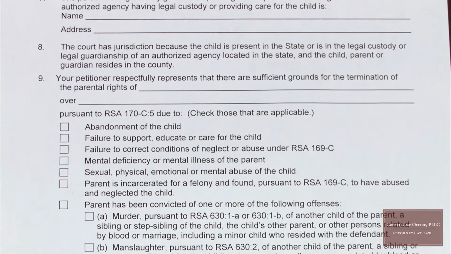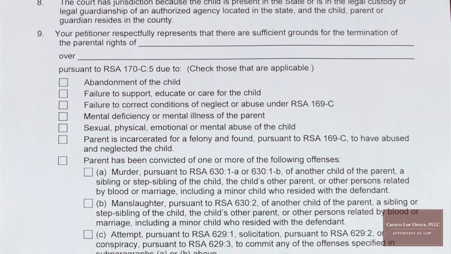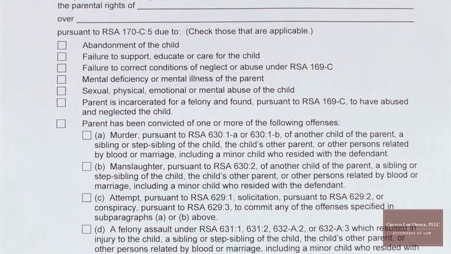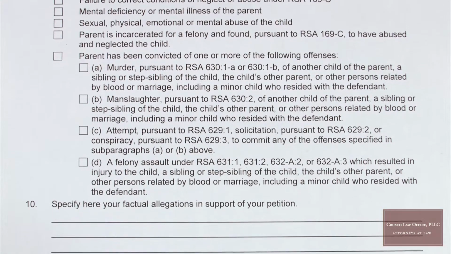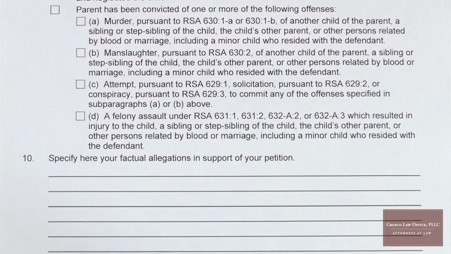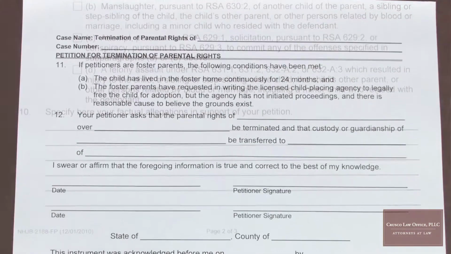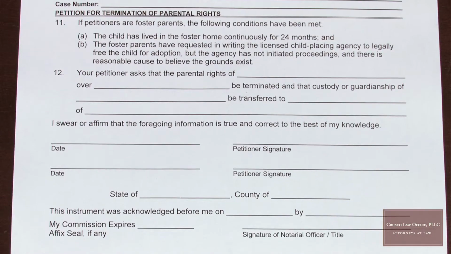There is also the failure to correct conditions in an abuse or neglect case, meaning when a parent has had a finding of abuse or neglect and has failed to correct those conditions, DCYF, the state of New Hampshire, can petition to terminate the parental rights.